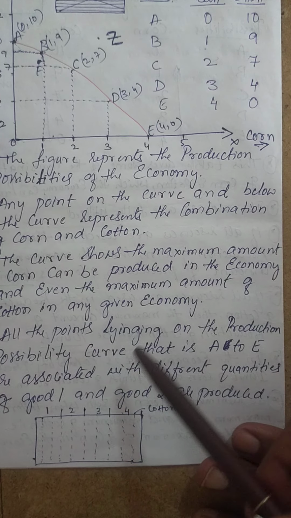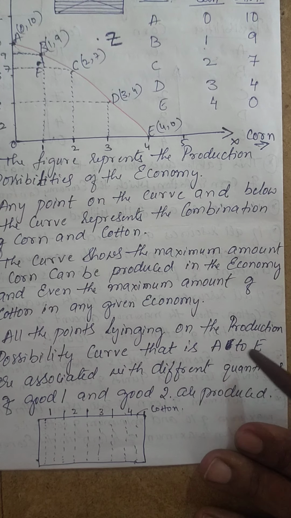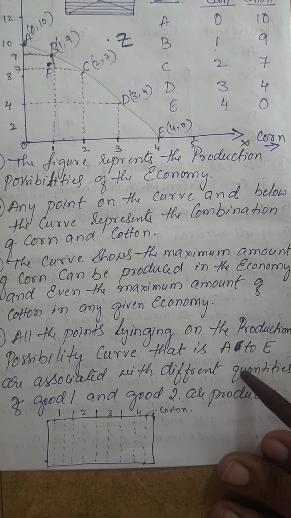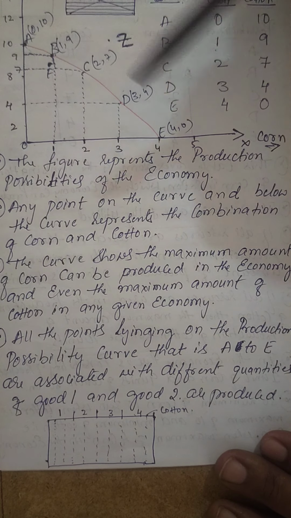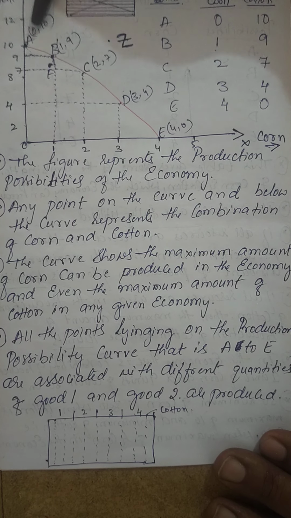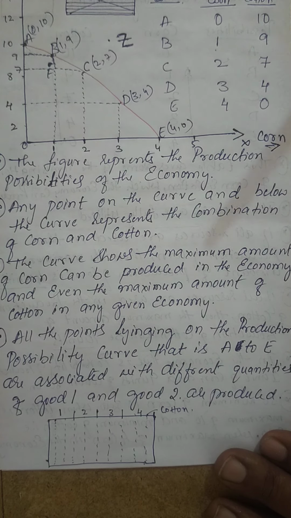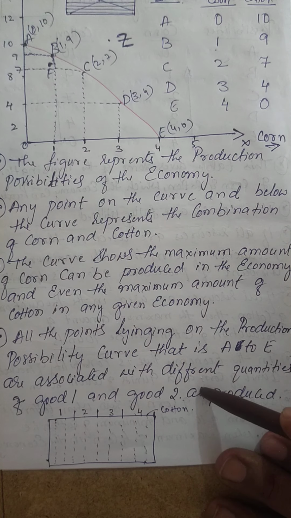Next, all points lying on the production possibility curve, A to E, are associated with different quantities. If you observe, 0 is there, 10 is there, 1 is there, 9 is there, 2 is there, 7 is there. Quantities differ, so different levels of production take place for the two goods, good 1 and good 2.